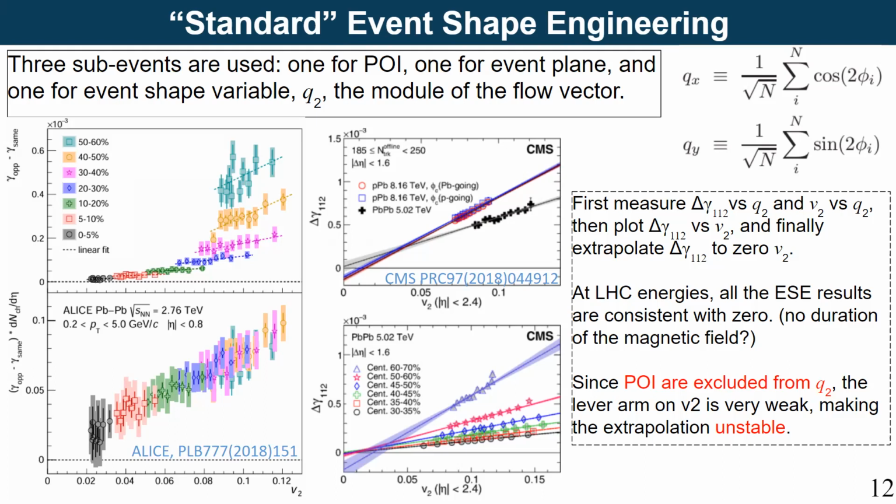So when you try to do the extrapolation, it's a long shot. This gives you a large uncertainty, both statistically and systematically. We're not even sure whether in this blank region it is really linear or not. We don't know. So this gives huge uncertainty, and the extrapolation is unstable.